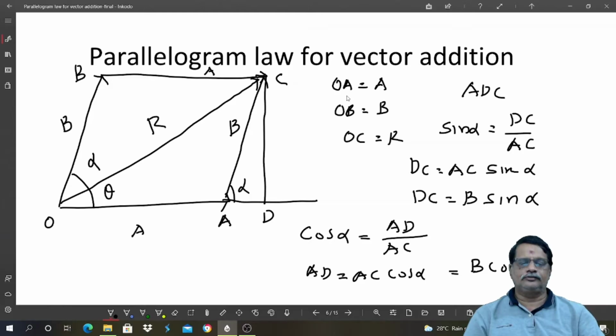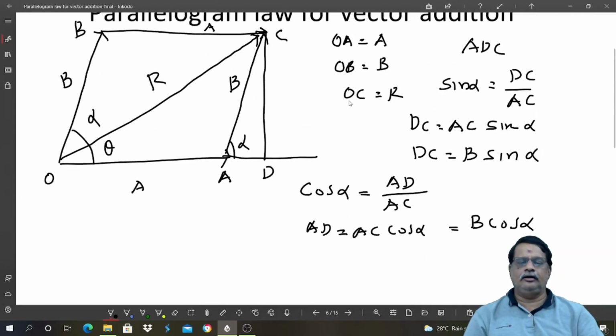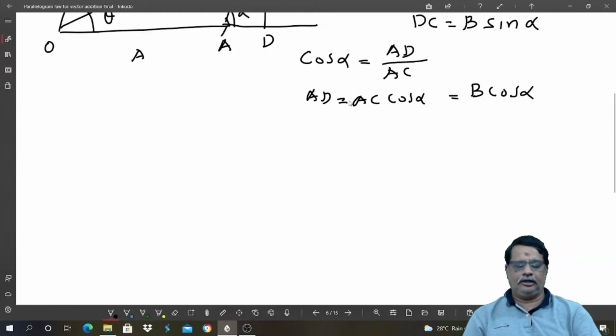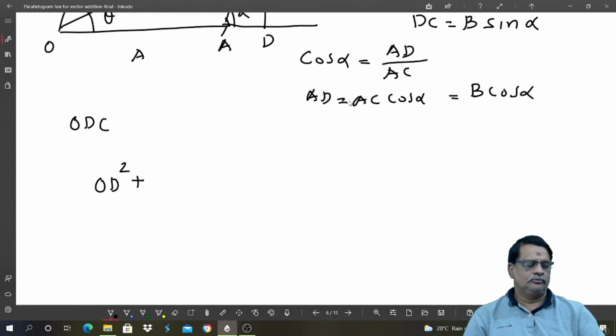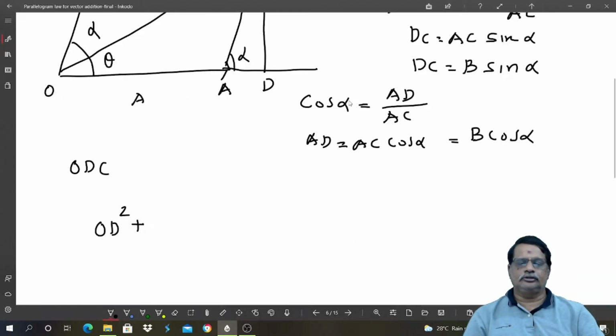Now we will take the right angle triangle ODC and apply the Pythagoras theorem, which is OD square plus DC square equal to OC square.